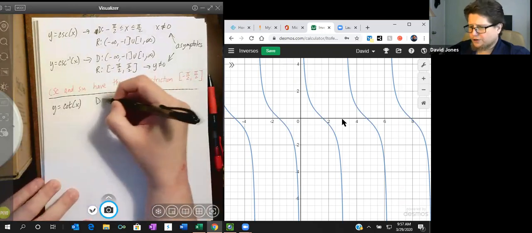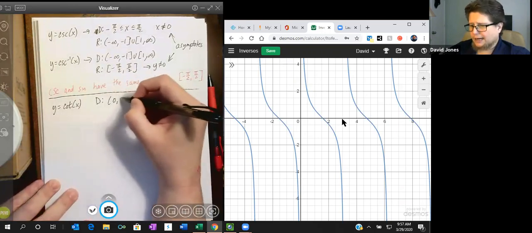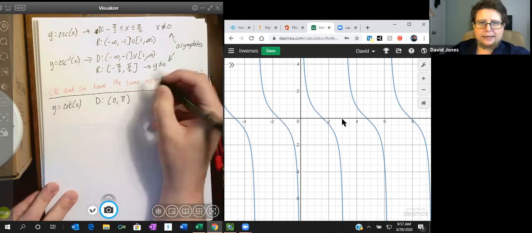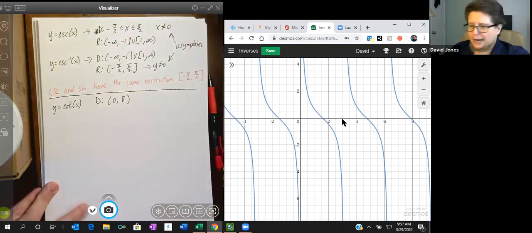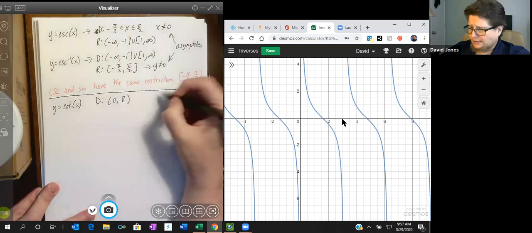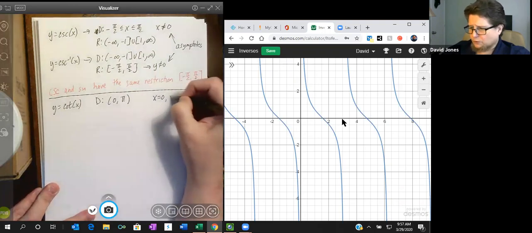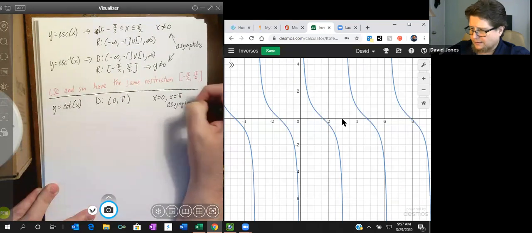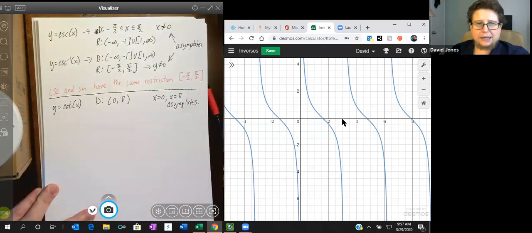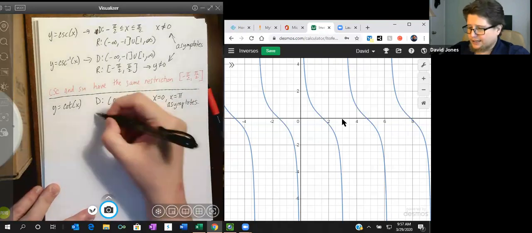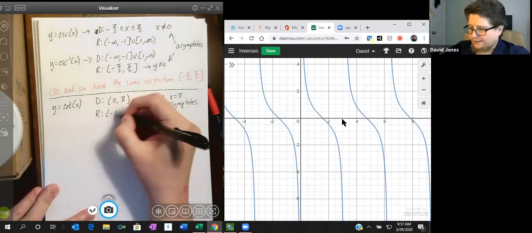We're going to restrict our domain to be between 0 and pi. That's where it's not repeating. Asymptotes are at x equals 0 and x equals pi, and after we get past pi, it starts repeating. The range is negative infinity to infinity.